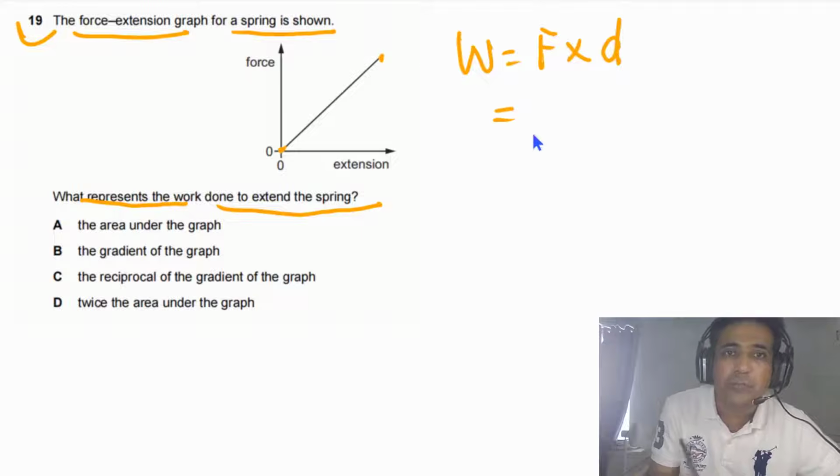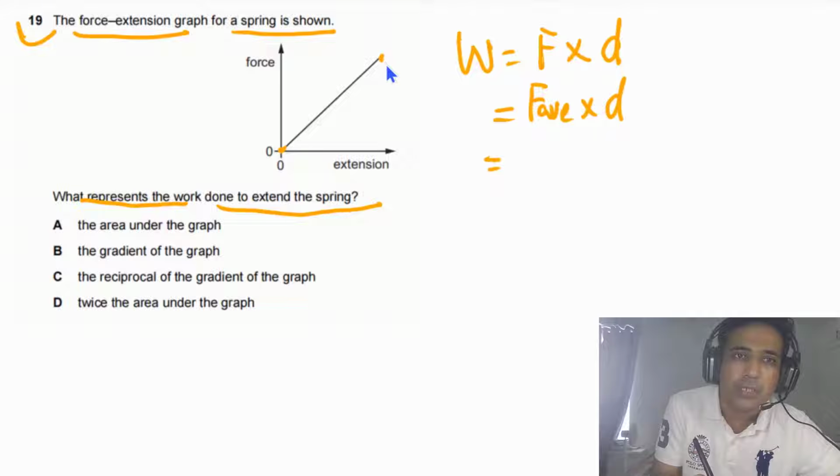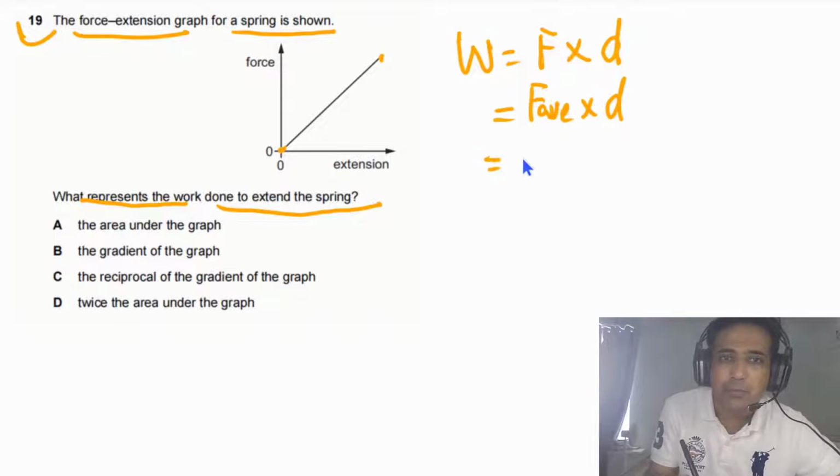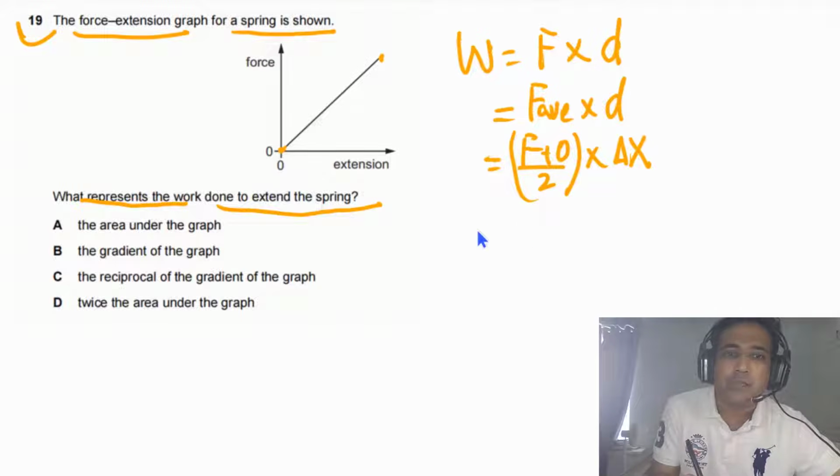Force is changing with extension, so we have to consider average force times d. Average force, we have F is equal to 0, we have F is equal to maximum value, so we can say maximum value plus 0 divided by 2. So the average force times extension, we can say delta x. So we will get here 1 by 2 F times delta x.